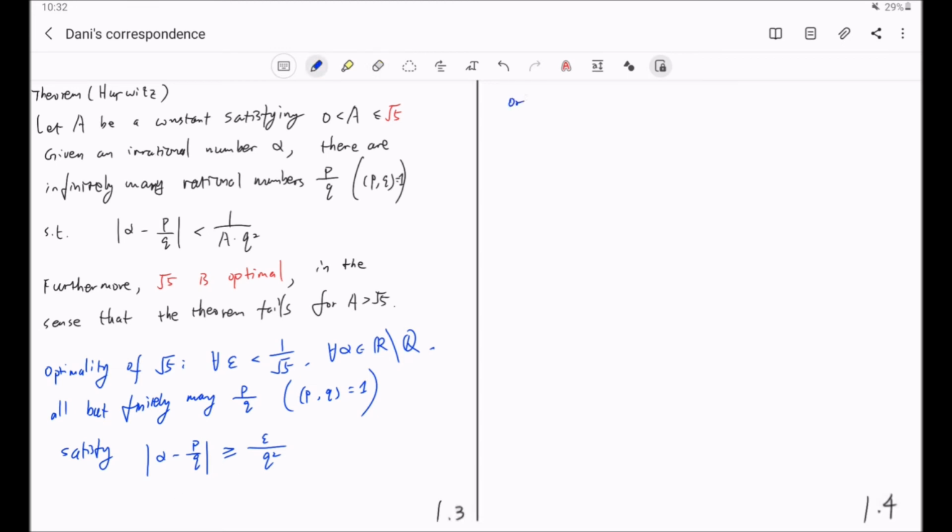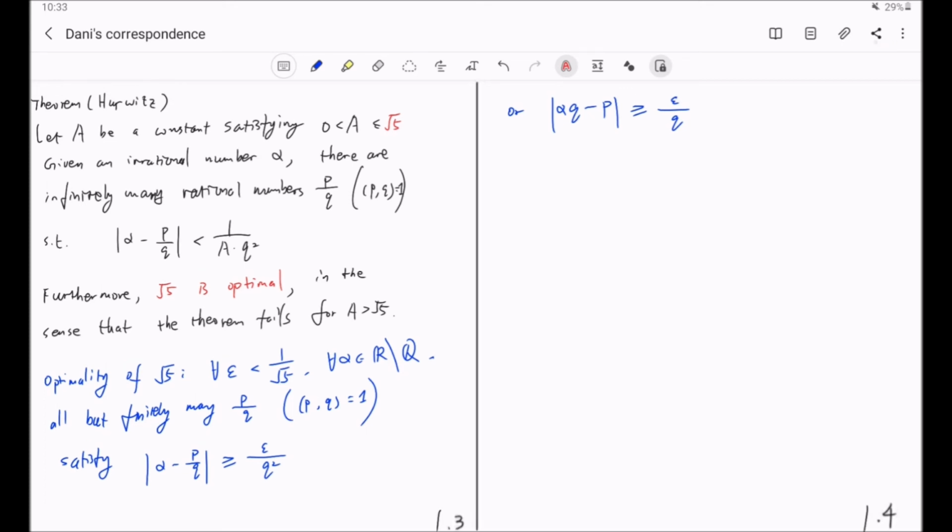So now let's multiply both sides by q. And we get the absolute value of alpha q minus p is greater or equal to epsilon over q for all but finitely many p over q with p and q coprime. And that is the meaning of the optimality of square root of 5.